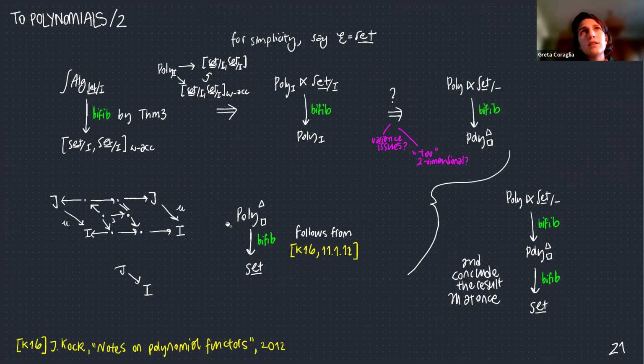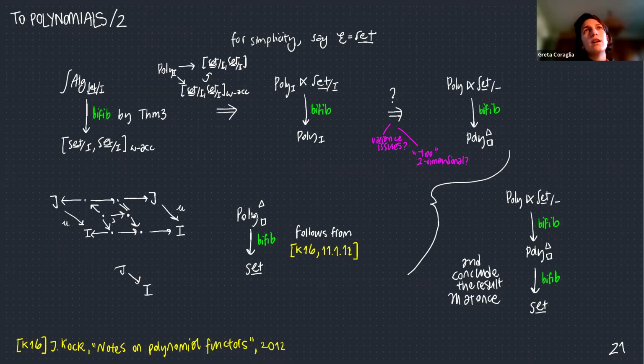Okay, so actually, this is not the bifibration that Joachim has, because as you probably know, there are many notions of polynomials, and there are many notions of morphisms of polynomials. I chose this one because it's a bifibration, and because it fits with our format as well. So there's hope there.